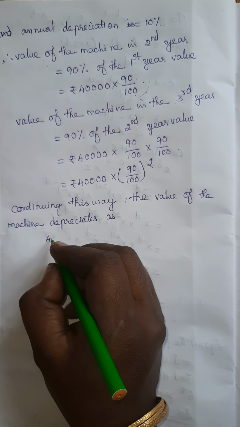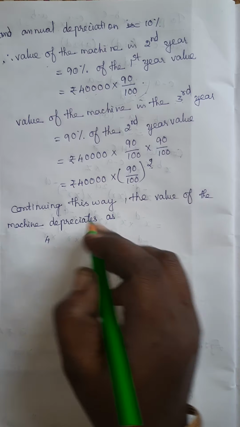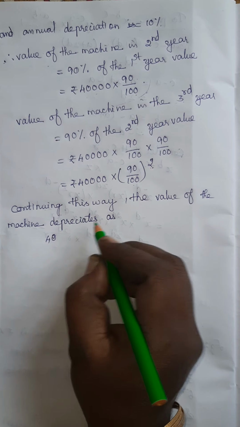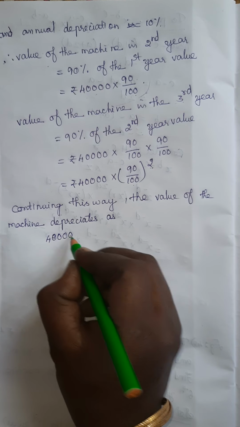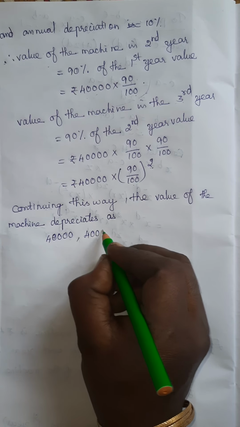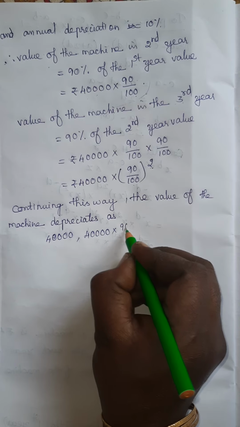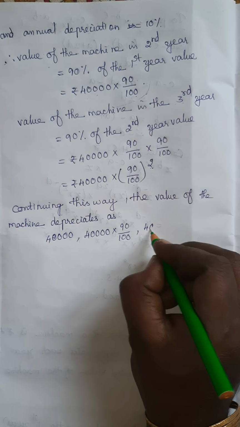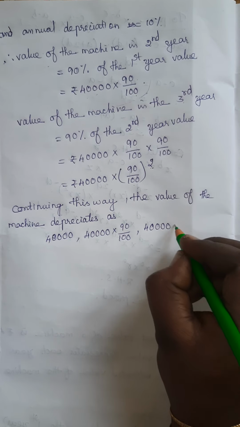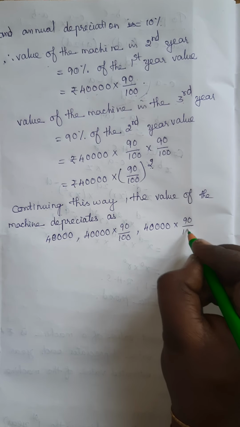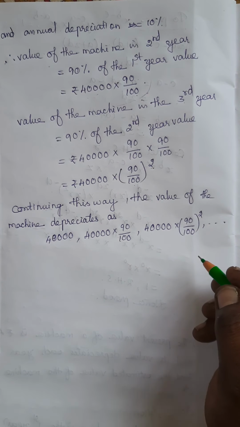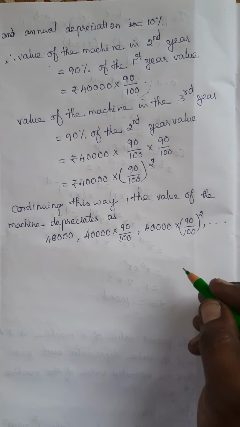Since we are going to write the sequence, no need to use the unit. Only the numbers: 40,000, comma, 40,000 into 90 by 100, comma, 40,000 into 90 by 100 the whole square, etc. Normally 3 terms are enough to check the series.